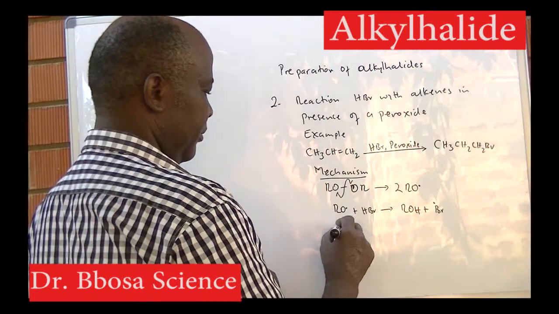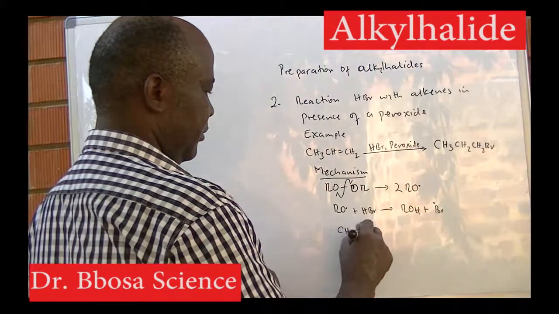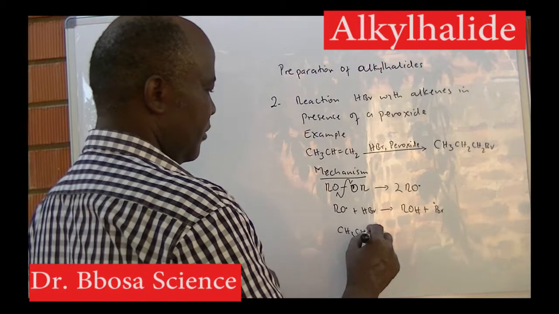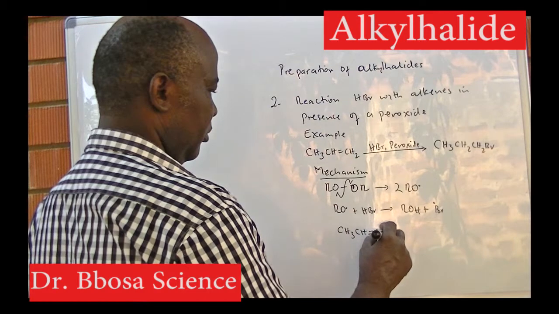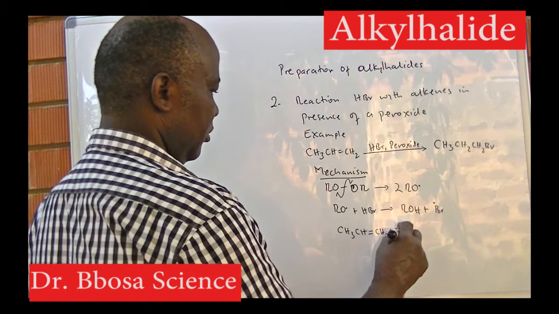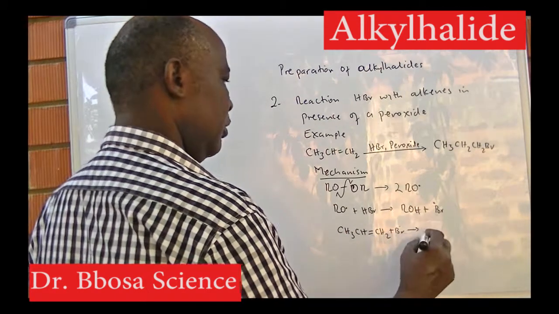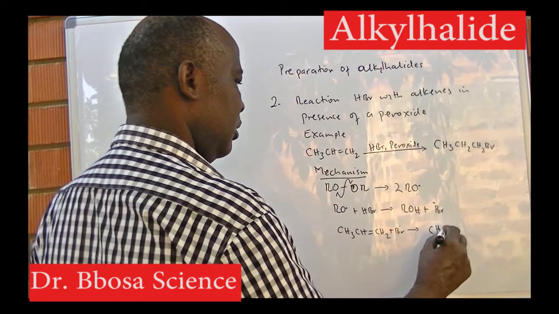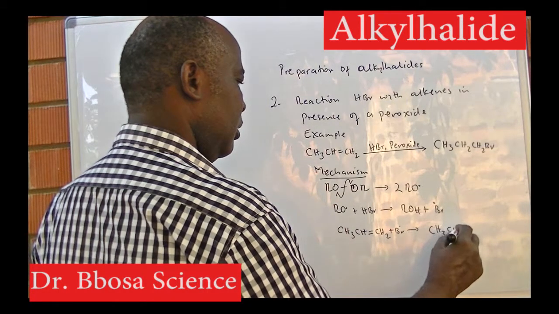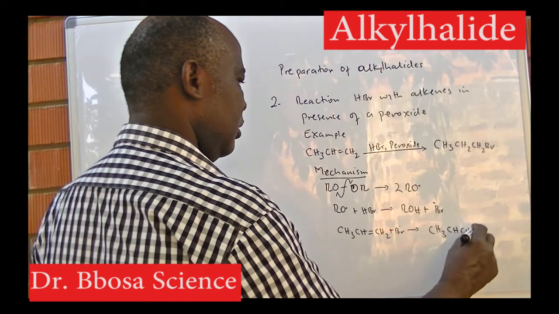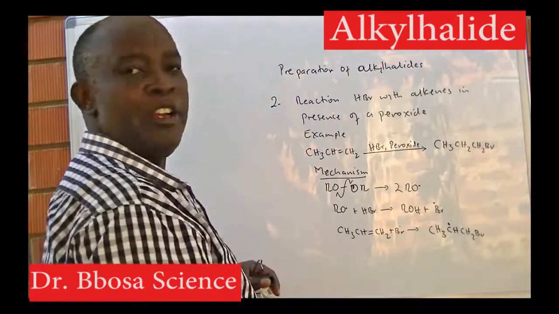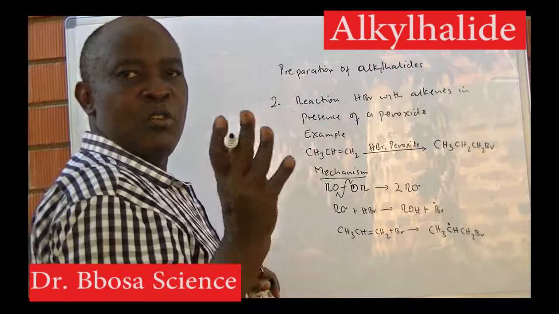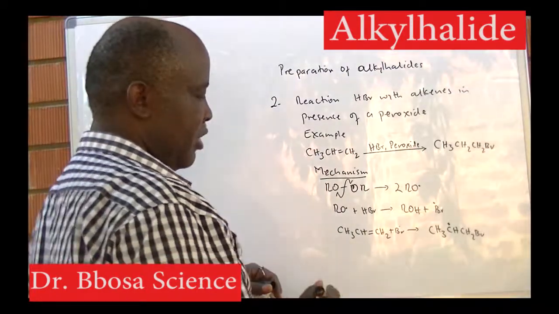Then you get a free radical on the carbon atom with the least number of hydrogen atoms.